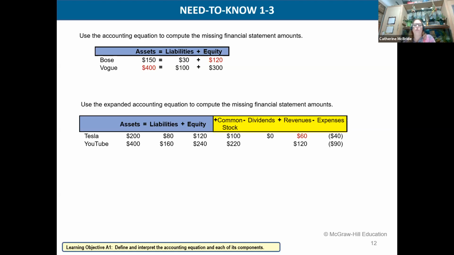All right, let's try the YouTube one. So now I have equity of $240. I want all of my equity to equal $240. Now you work through it, and what do you come up with?